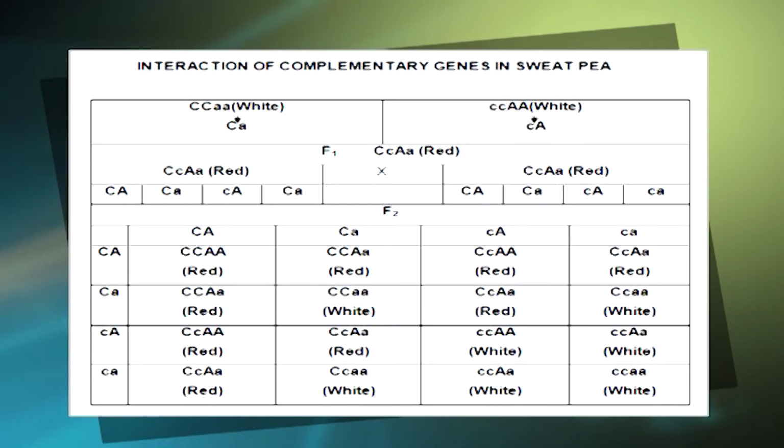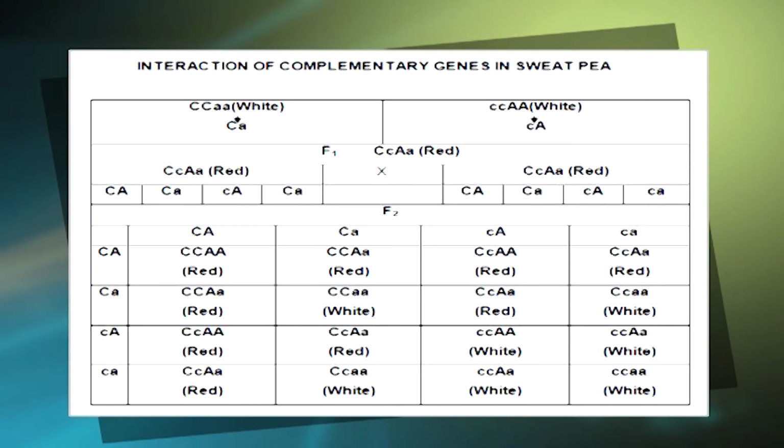In the F2 generation, the offspring resulted in the ratio 9:7, of which 9 were red and 7 were white. Out of the 16 progeny, 9 showed phenotypically red flowers and 7 appeared as white flowers.